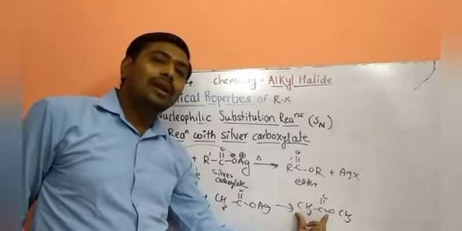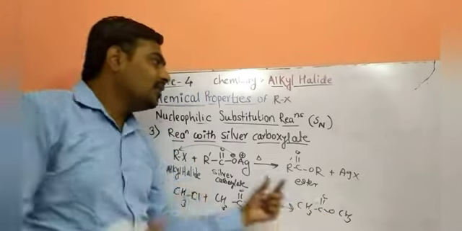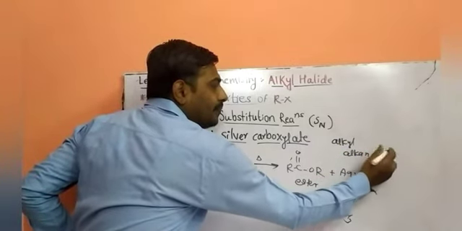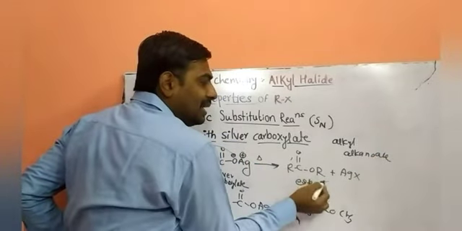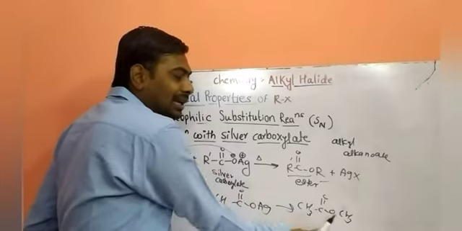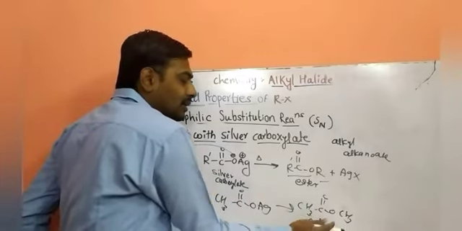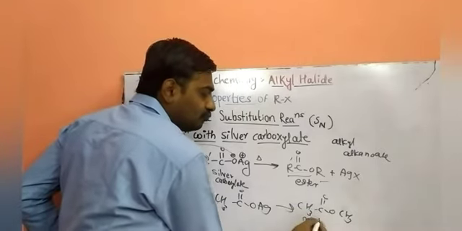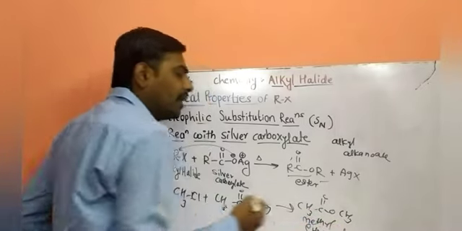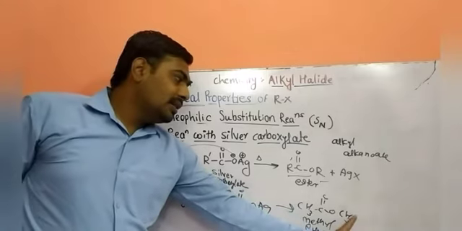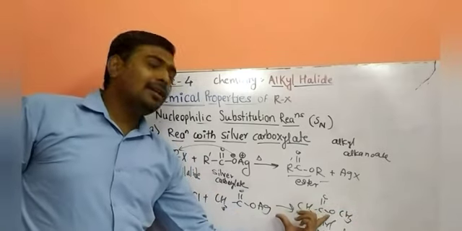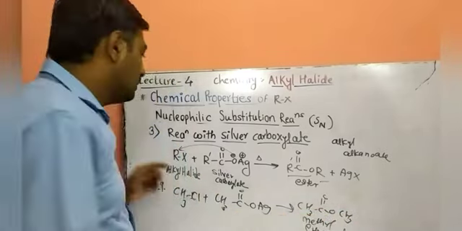Two carbon atoms, so two carbons is ethanoate. So this one part is alkyl and this one part is alkanoate. The name is methyl ethanoate. If there are two carbon atoms on this side, it is ethyl, and if there are three carbon atoms on this side, the name is methyl propanoate.